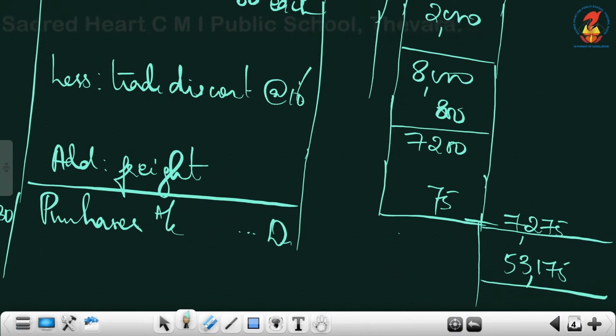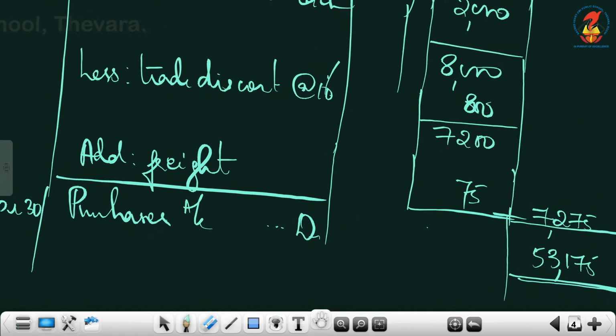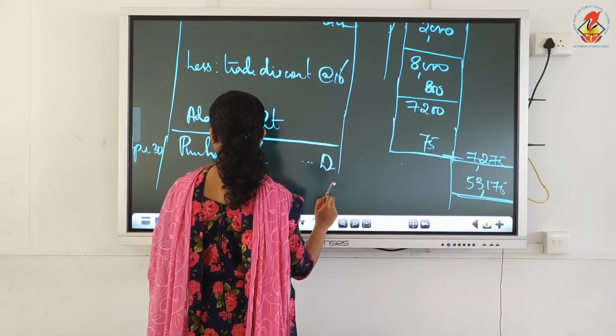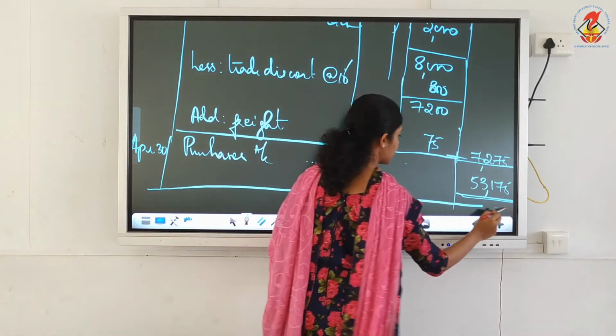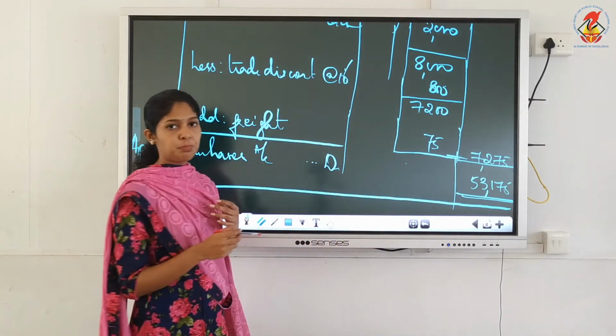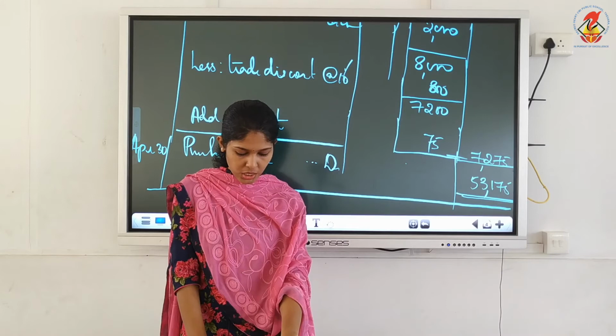Okay, and this total you must double line. Always the total figure you must double line. Yes, so then you can close this purchases book. Understood?